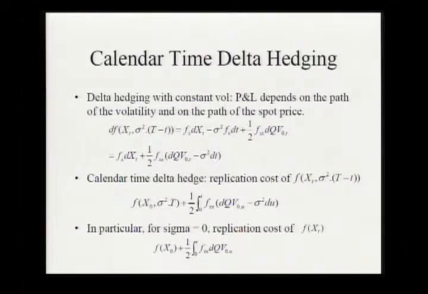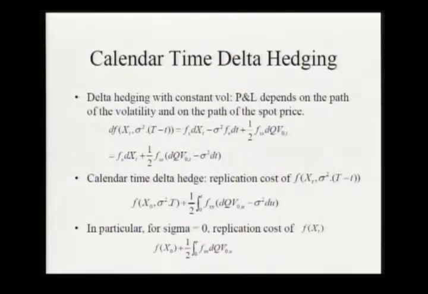Something that we will use, which is interesting, is if you do it with zero volatility here, it means that you just have to pay the Ito cost to always replicate. You always follow the intrinsic value, but you have to pay for the curvature that you miss through those terms here.